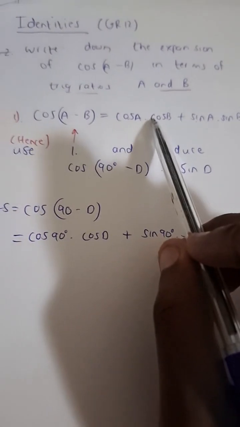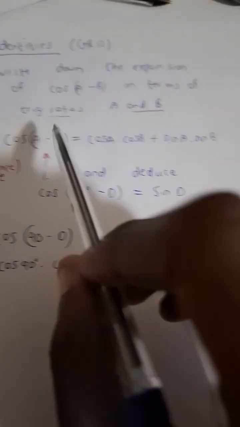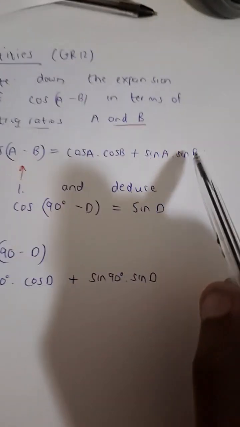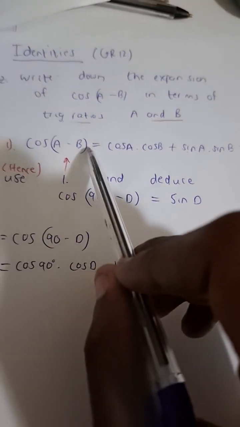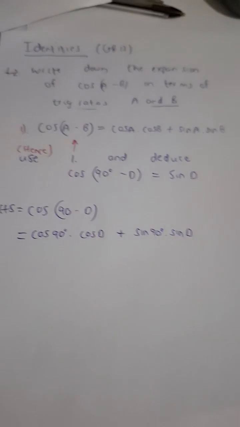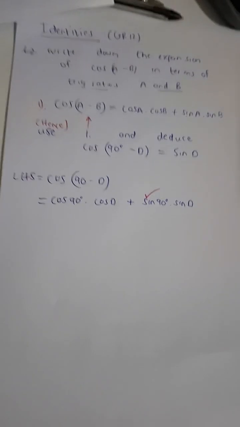Cos B, now I'm not going to say cos B, I'm going to say cos D, plus, here we said sine A, so we are going to say here sine 90, and then here we have said sine B, which is the second angle inside the bracket. So the second angle here is sine D. So that's my first step, and that looks great if you ask me.